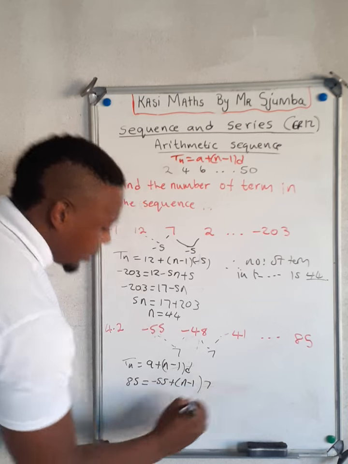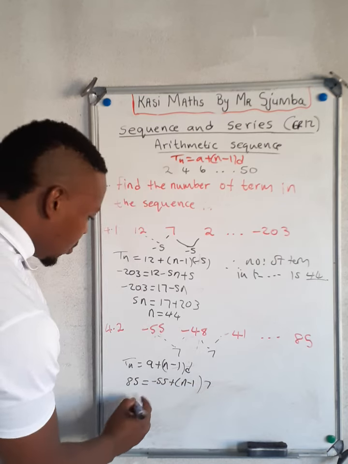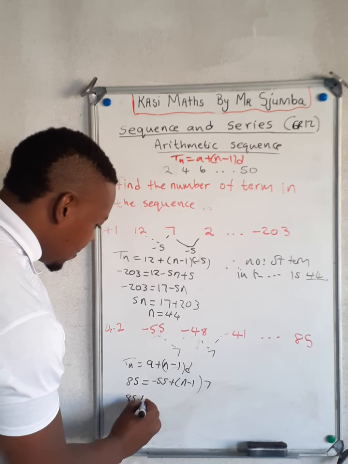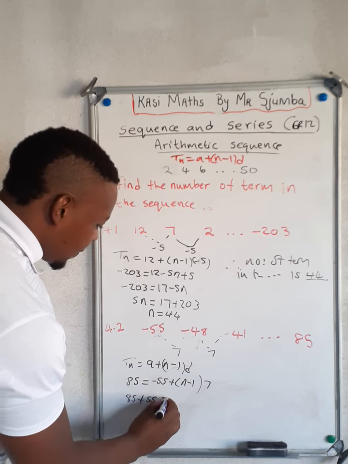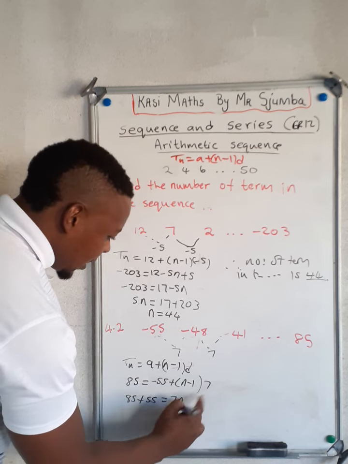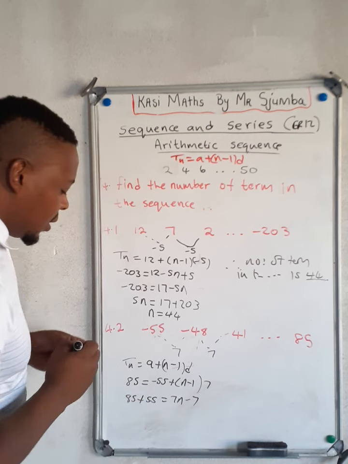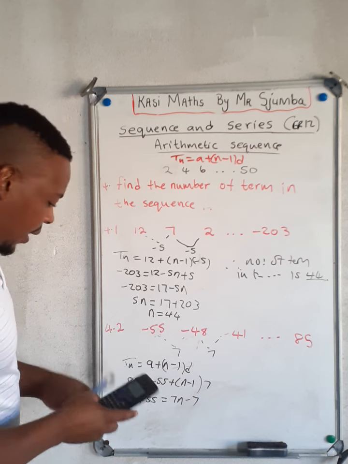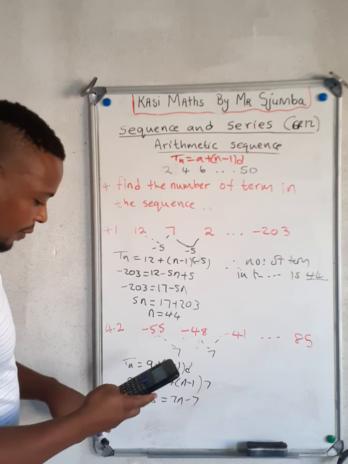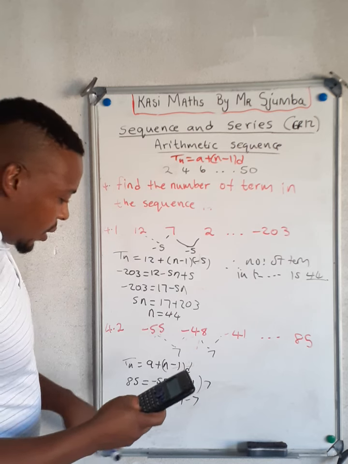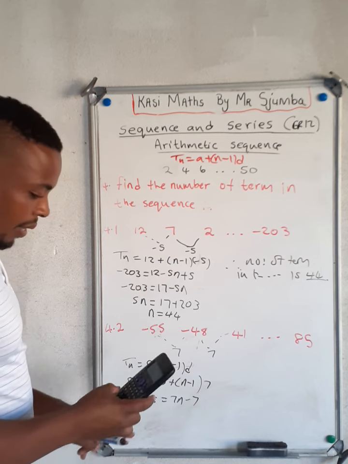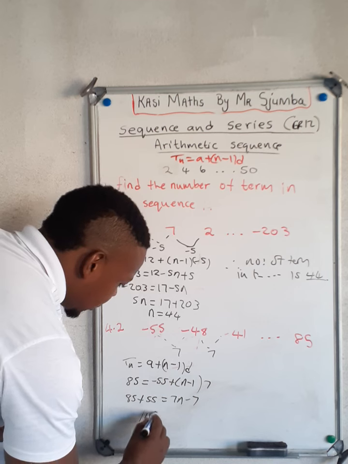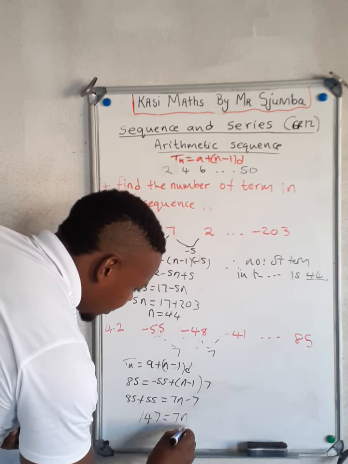Our difference is 7. So now let's multiply out. 85 plus 55 equals 7n minus 7. So 85 plus 55, and then the 7 will jump over as plus 7, which equals 147, which is equal to 7n.